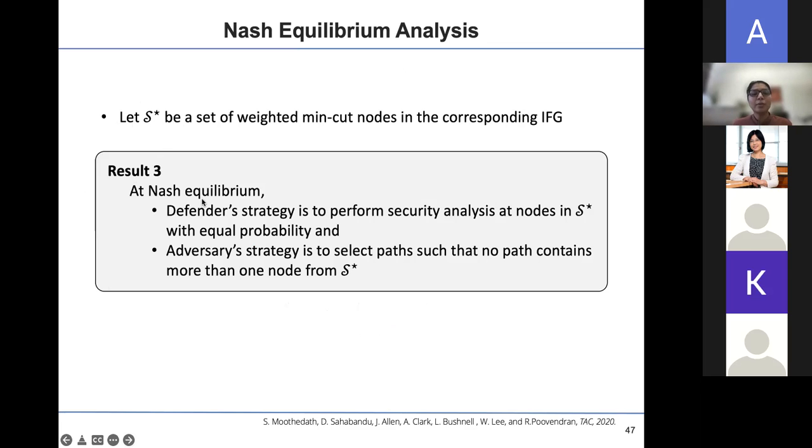At Nash equilibrium, the best strategy for the defender is to perform security analysis at all the min-cut nodes with equal probability. And as far as the adversary is concerned, its goal is to select the paths, again, with uniform probability, such that each path passes through exactly one min-cut node.